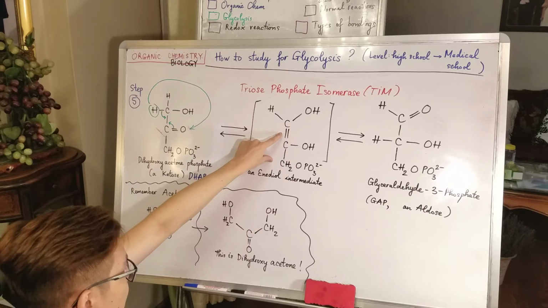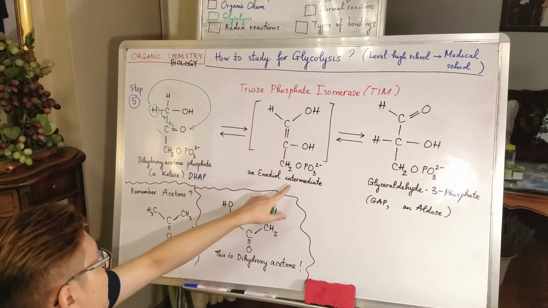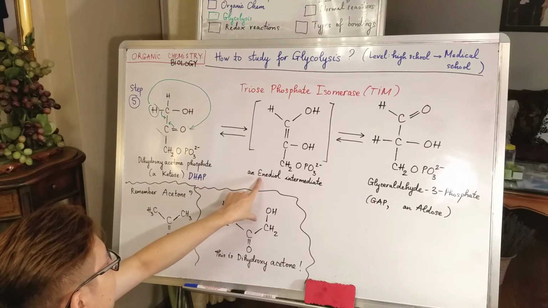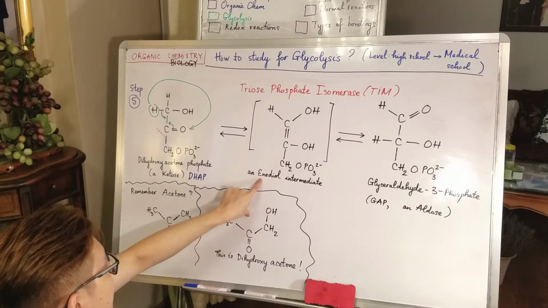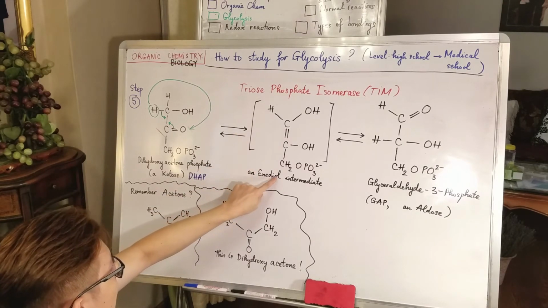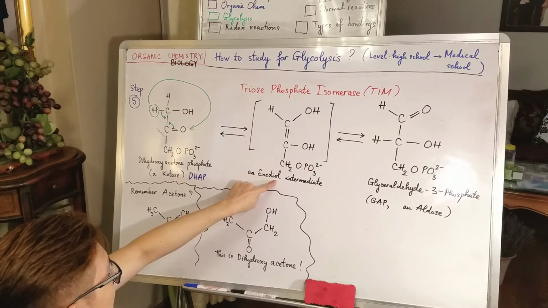So when you have this one, you're going to have this one, an enediol. So enediol: ene is a double bond, diol is two OH groups, oxygen and hydrogen.